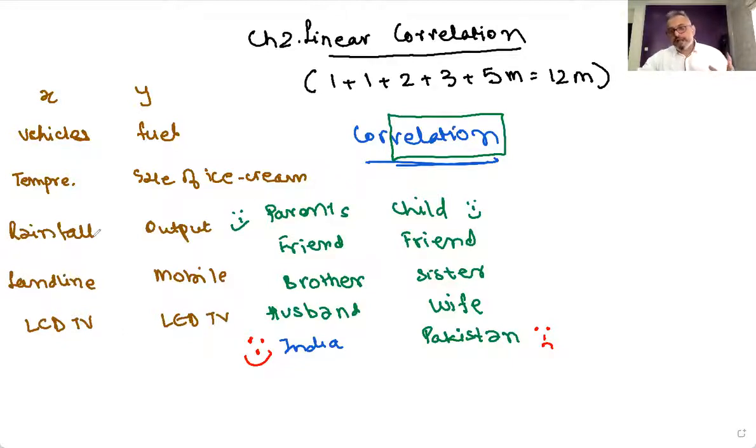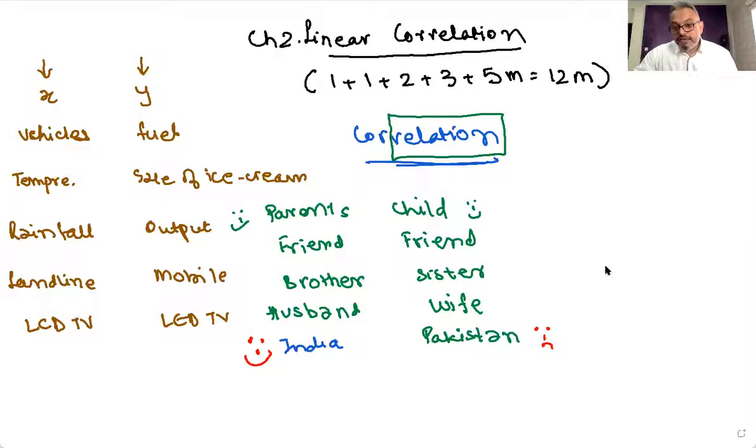So various data is available with us, and we have to decide now what is the relationship between X and Y for various different types of information we have.